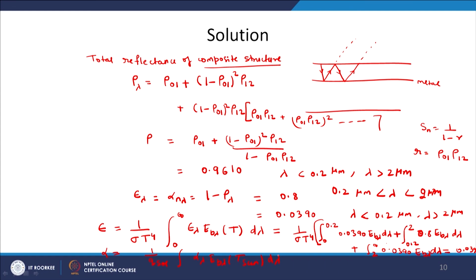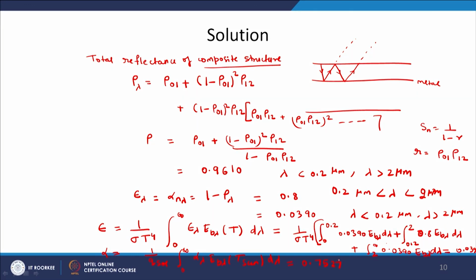Just like we solve for emittance, we solve for absorptance: 1 upon q solar, that is sigma T to the power 4, upon the integral from 0 to infinity of alpha lambda E b lambda, evaluated at the sun temperature and integrated over all the wavelengths, and this value comes to 0.7527.